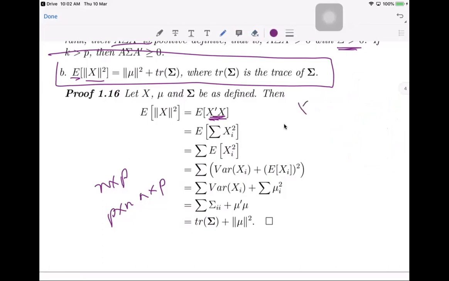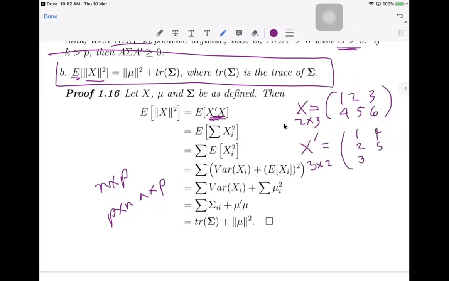So if X is 1, 2, 3, 4, 5, 6, this is 2 by 3. So my X prime will be 3 by 2, which is 1, 2, 3, 4, 5, 6. If I get X prime X, this is 3 by 2 and this is 2 by 3, so it results in 3 by 3.